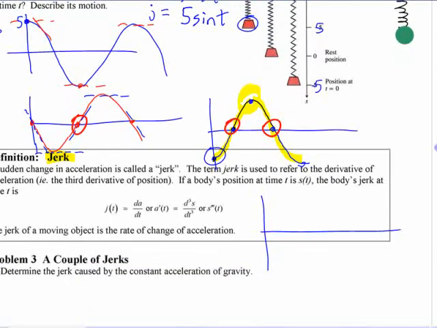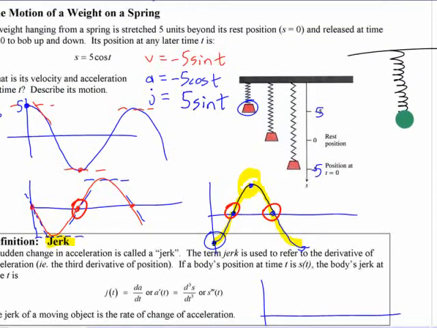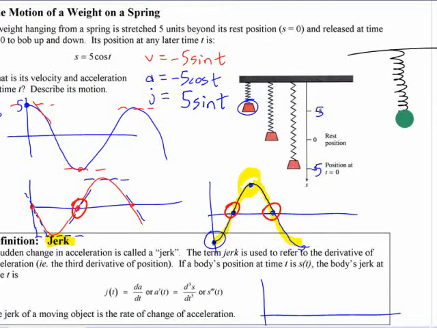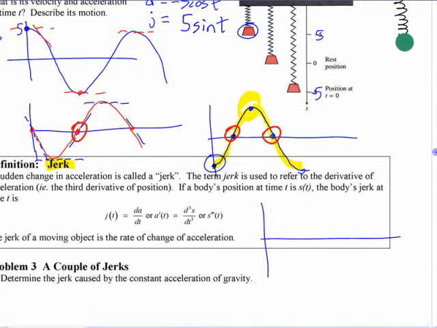It is the derivative of acceleration. It's the rate of change of acceleration. If we are measuring this in, did I put some units up there? 5 units, okay. The position is measured in units. The velocity is measured in units per second.